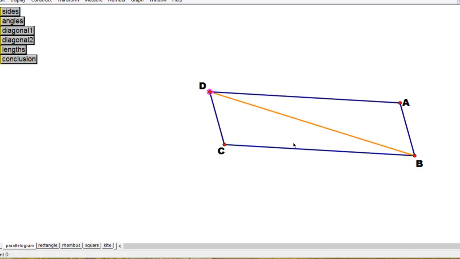these two sides of a parallelogram are parallel. And if they are parallel, properties of parallel lines tell you that alternate interior angles are congruent.